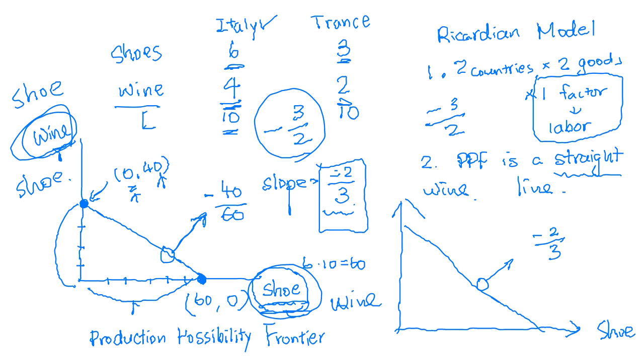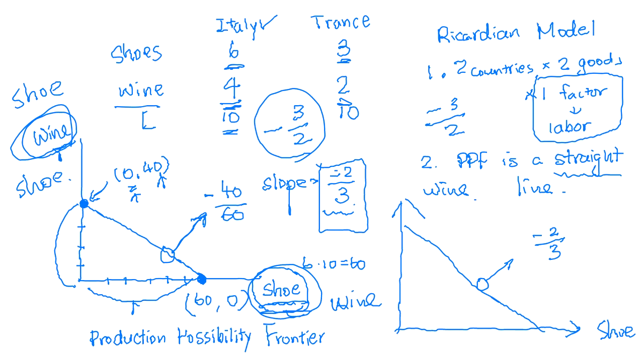Okay, let me just do it one more time. How does that answer question B though? Which country has a comparative advantage? So in this case, there's no comparative advantage in either of the countries, right? Because the opportunity cost for producing shoes or producing wine is the same.